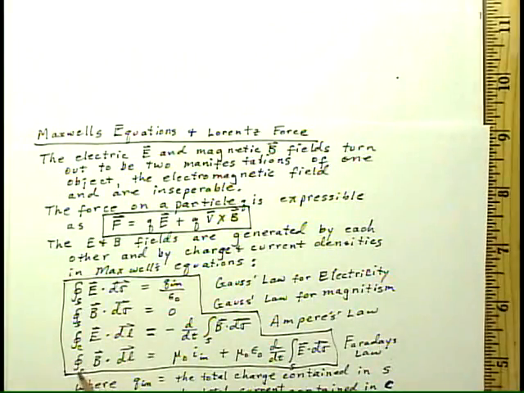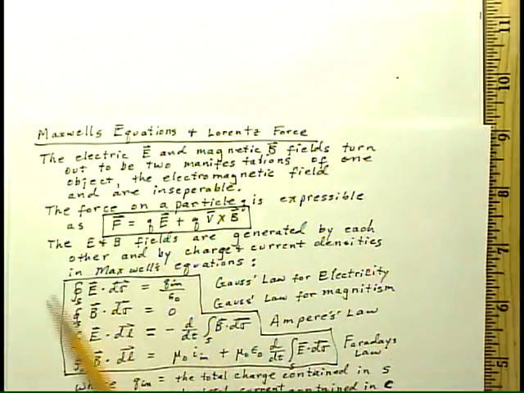In exact analogy with that, we can look at the magnetic field integrated around a closed loop, and that will give us two terms. One is symmetrical with this term and comes from the time derivative of the electric field through the surface. So if the electric field through an open surface like this is changing, that will give rise to a magnetic field that integrates around the closed line at the border.